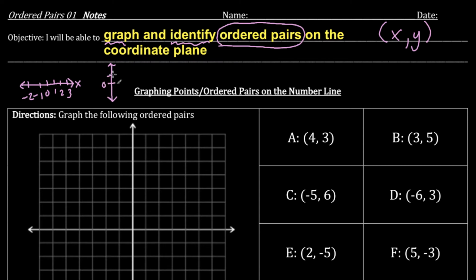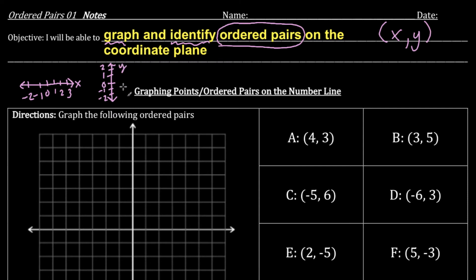So if this is 0, this would be 1. This would be 2. This is -1 and -2. So we have an x number line and a y number line. I'm actually going to put the y up here. Okay, x number line, y number line.